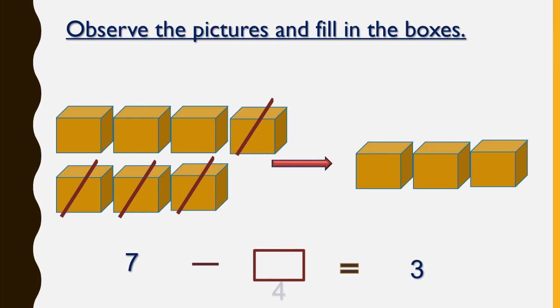So if we write 4 in this box, then our sum tallies. See, 7 minus 4 is equal to 3, isn't it? Out of 7 boxes, 4 boxes are taken away. So only 3 boxes remained in that room. Got this, children?